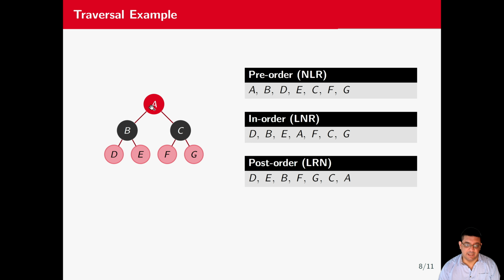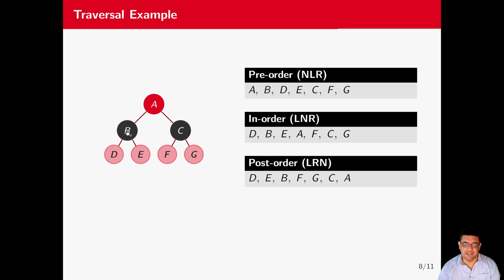So we start from the node A, the root, then we go to B, then D, and then E. That's the left side. Then we go to the right side, C, F, G, going from left to right. Now, in-order, the traversal goes first by the left, then by the root node, and then on the right. So we're going D, B, E. We start with the left-most side.